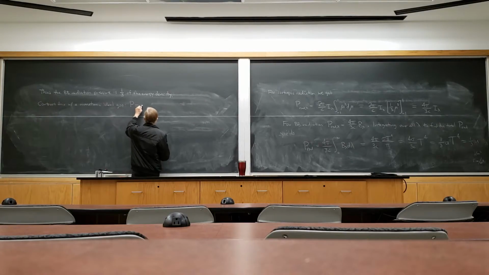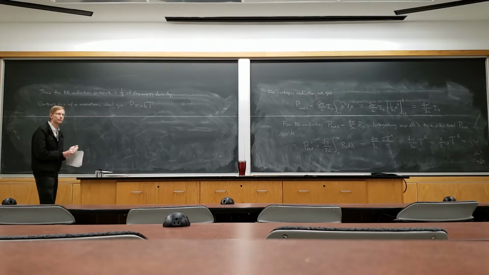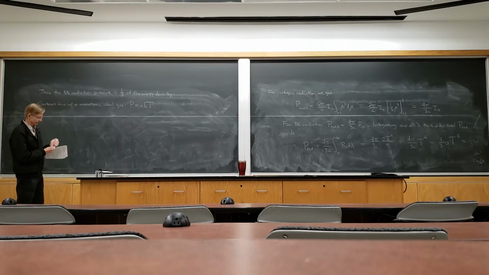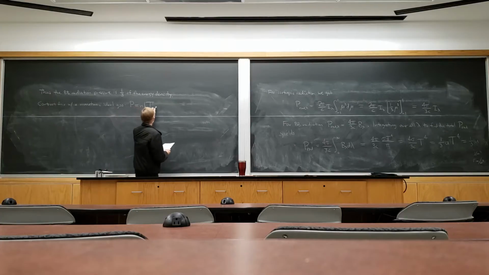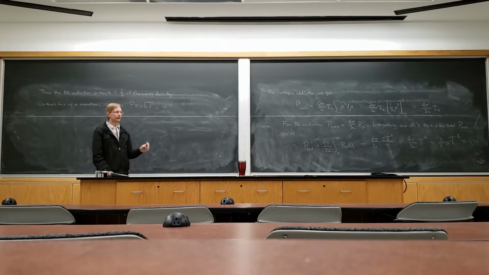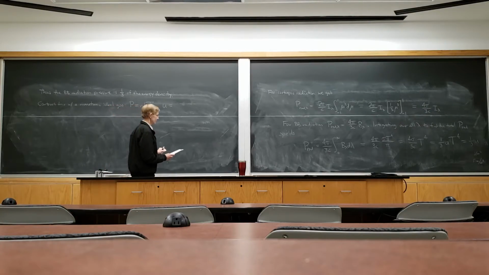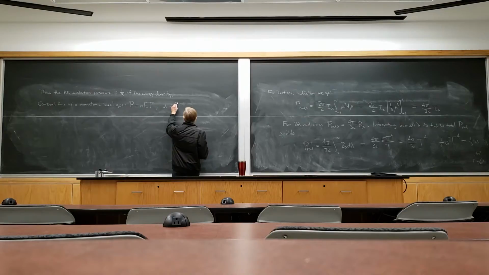The ideal gas law says P is nKT, where n is the number density, k is the Boltzmann constant, and T is the Kelvin temperature. And remember that in thermal equilibrium, the average particle kinetic energy is 3/2 kT. So therefore, the energy density in the gas is 3/2 nKT.